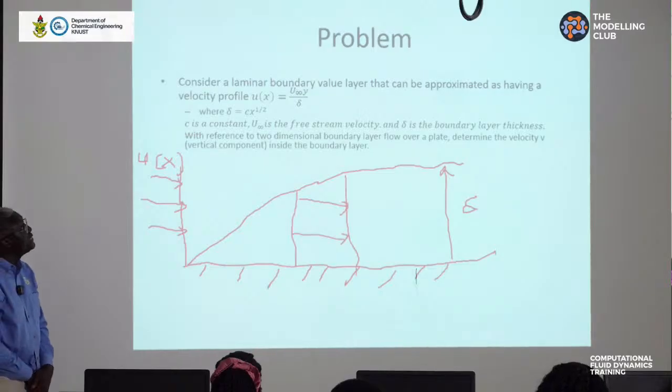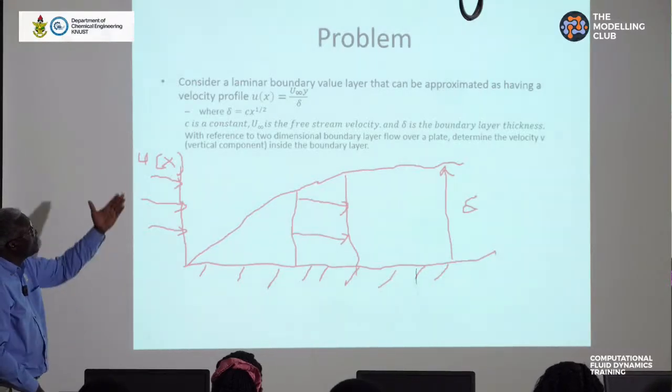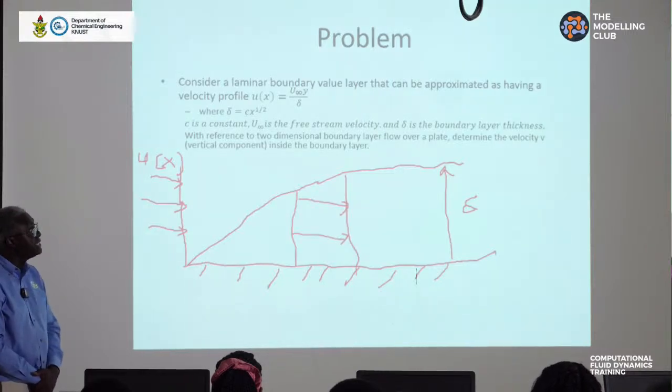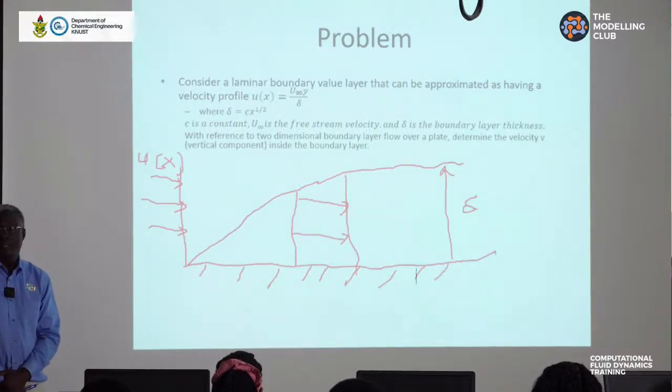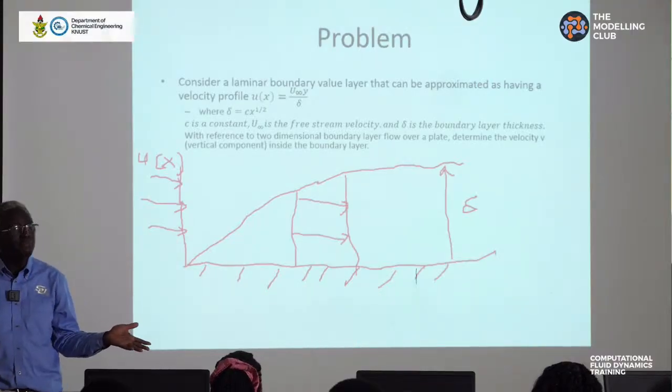Okay, and so with reference to this two-dimensional boundary layer over a plate, determine the velocity v, the vertical component. We know the u component, and so we can find the v component of the velocity inside the boundary layer. So my question is, how can we find the velocity inside the boundary layer?